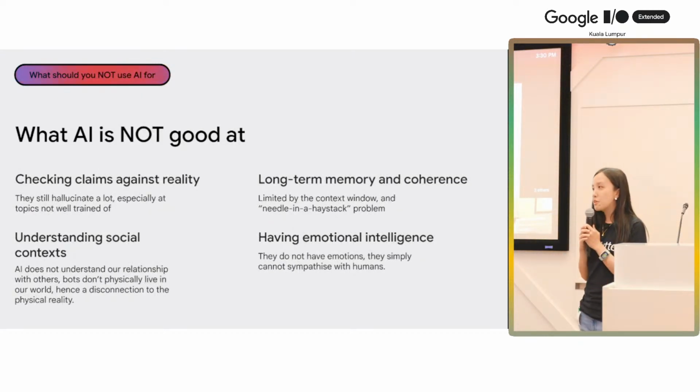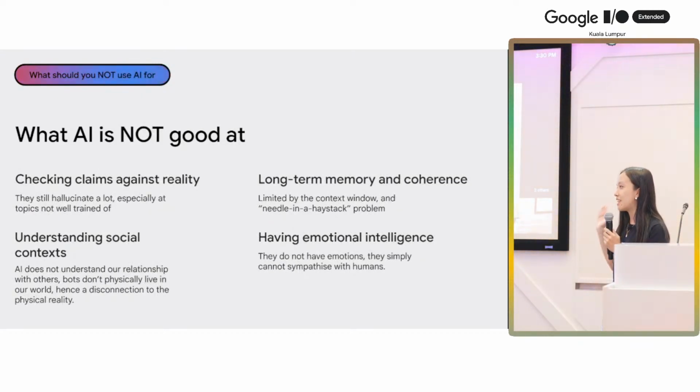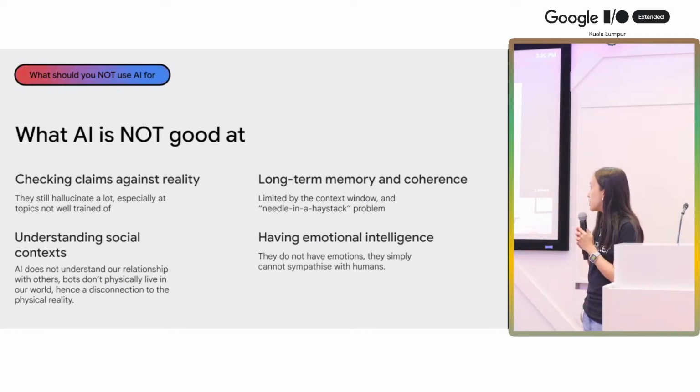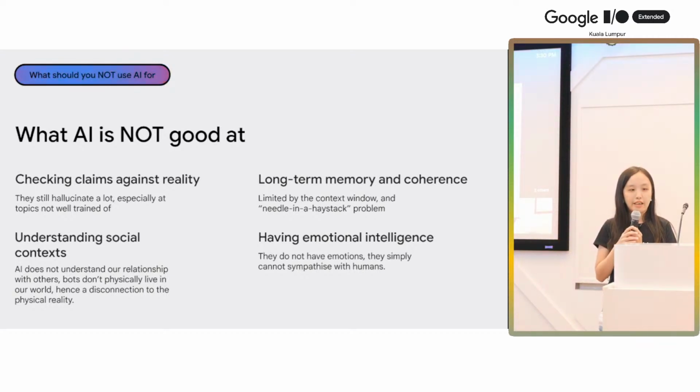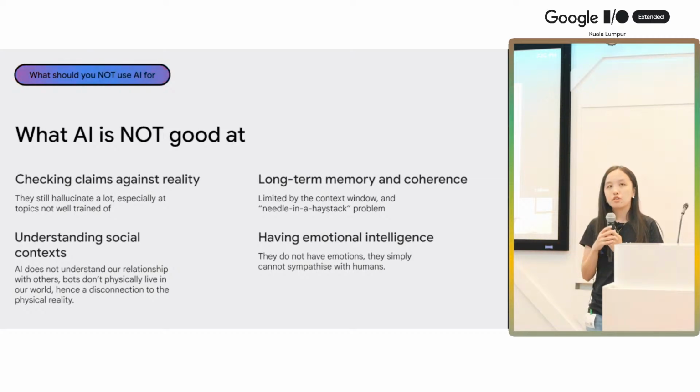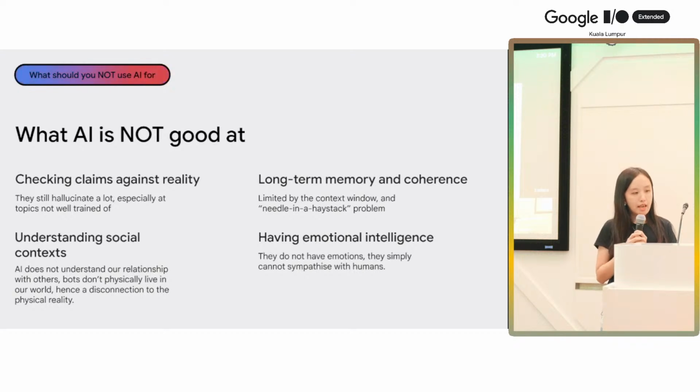What they are not good at are the things that we should rely on ourselves, or humans, to do. For example, if you want to check claims against reality, because LLMs still hallucinate a lot, you need to be careful and check the sources of each claim. They are also not very good at long-term memory yet.